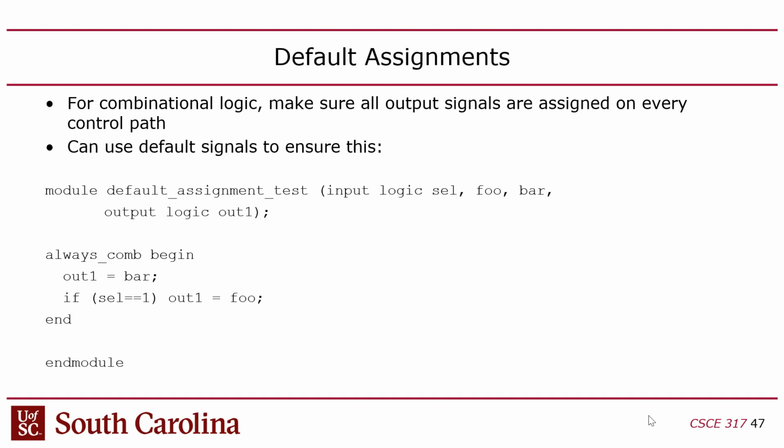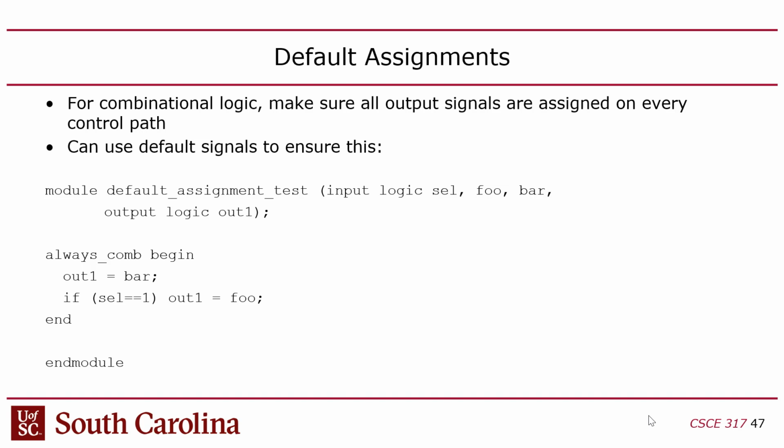And so always_comb, and this thing is implementing a mux. So it says out1 equals bar. If select equals 1, then out1 equals foo. So this ends up creating a mux where the inputs are bar and foo, and if select is 0, it's going to forward bar, and if select is 1, it's going to forward foo, right?